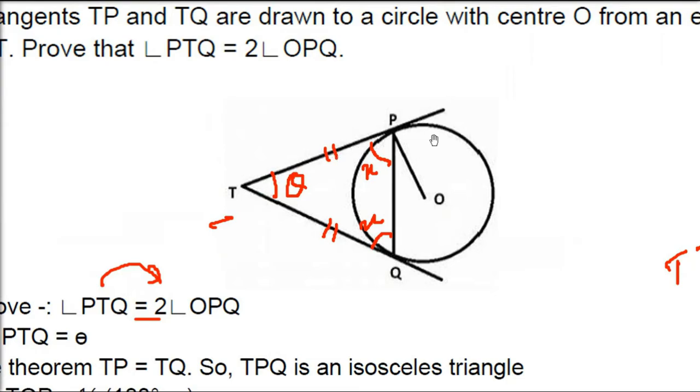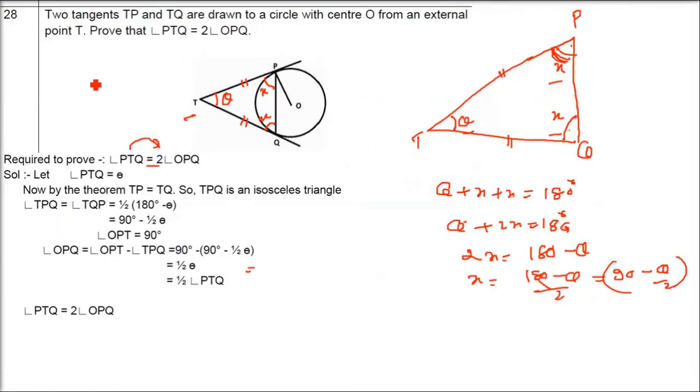Now the second concept. The second concept is that when you draw a line from the center to the point of tangency, the tangent makes 90 degrees with the radius. This radius and the tangent will be making an angle of 90 degrees. This whole angle is 90 degrees. This angle is x, and this we have found.